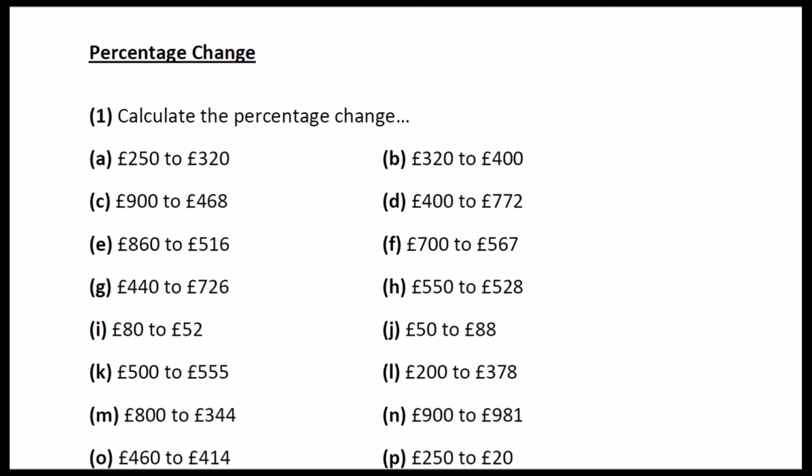It might be a good idea to do this for questions like I and J when the numbers are a little bit smaller. Once you've finished all the questions, you can get the solutions from Show My Homework and compare them with your answers. Once you're happy that you've understood everything, please take a photo of your work and upload it to Show My Homework so I can see how you've got on.